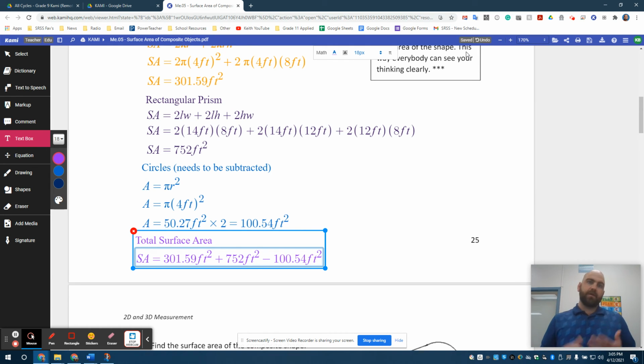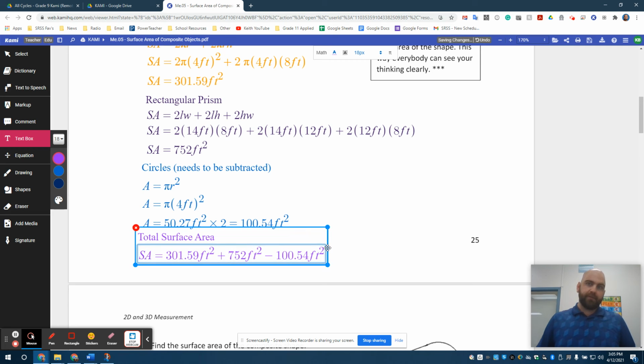Parts that are combined we do not need to include.